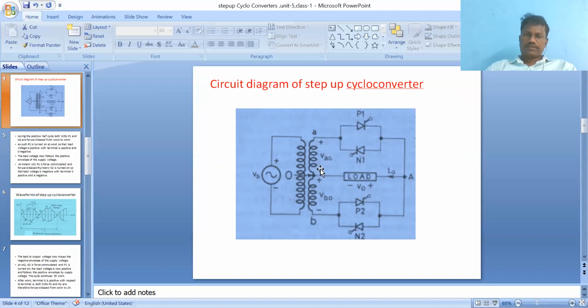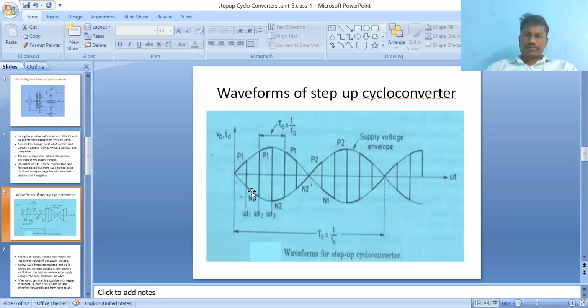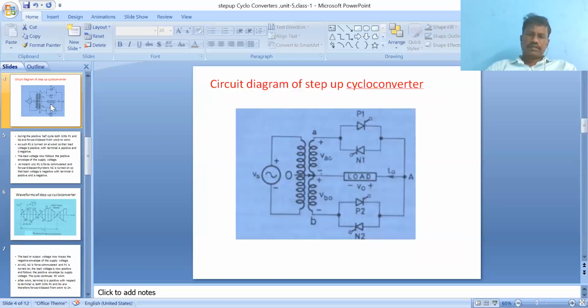So the load voltage is positive. See the waveform. When P1 is triggered, the voltage waveform is like this. In the same positive half cycle, N2 is also forward biased, so we should apply the firing pulses to N2. At that time we should apply the forced commutation technique to turn off the P1 thyristor.